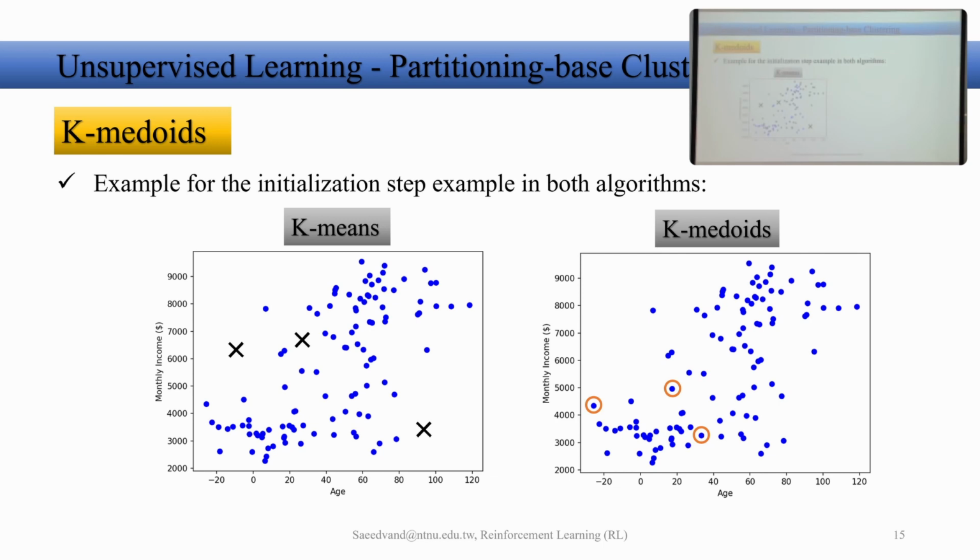If you want to see an example of the initialization, it should be clear that if I run it for k-means, again it can be somewhere random. But if I run it for K-medoids, we are choosing one of the data points that we have. Then that would be much more convenient.